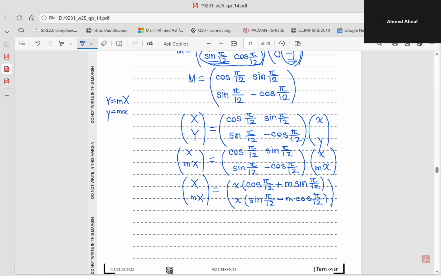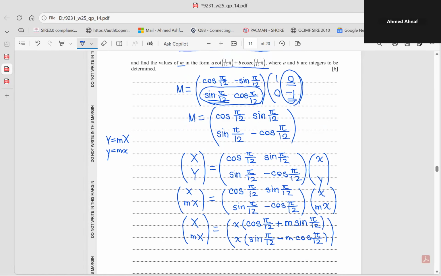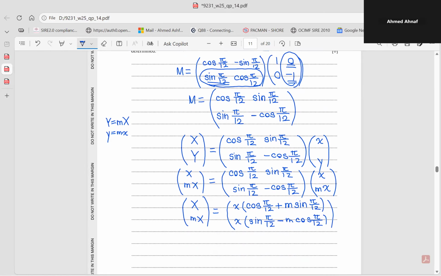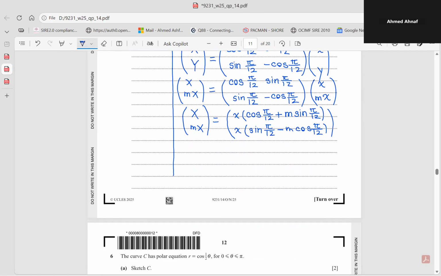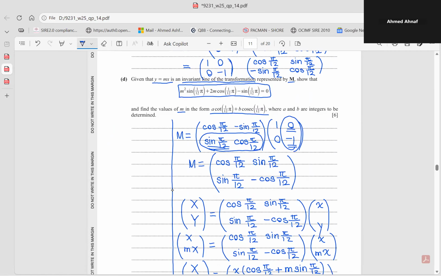Now we're just going to combine it into a fraction. Unfortunately, I have to use the space in here, so to make things a bit tidy, I'm going to draw a line.